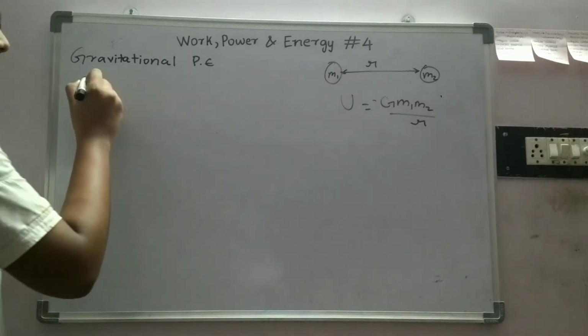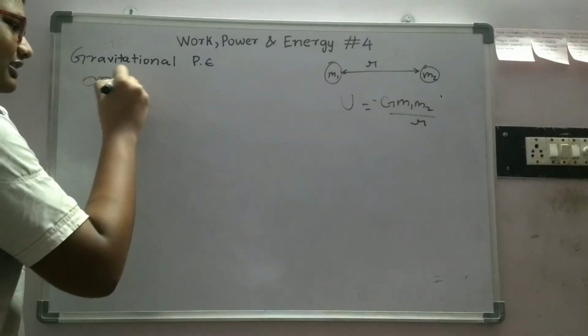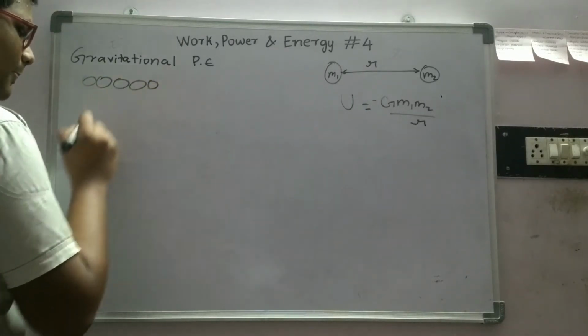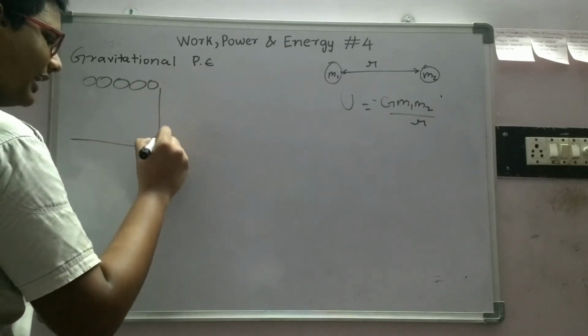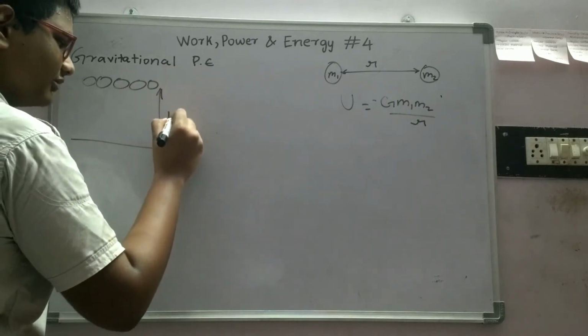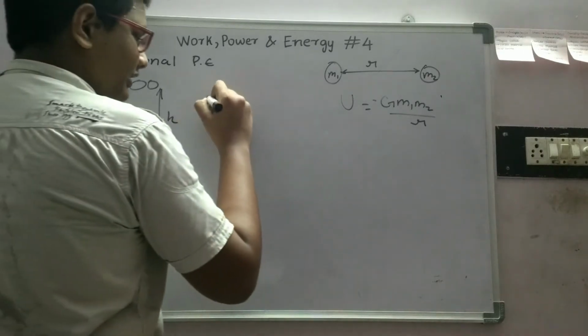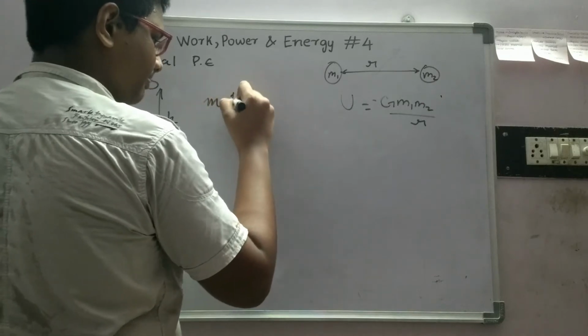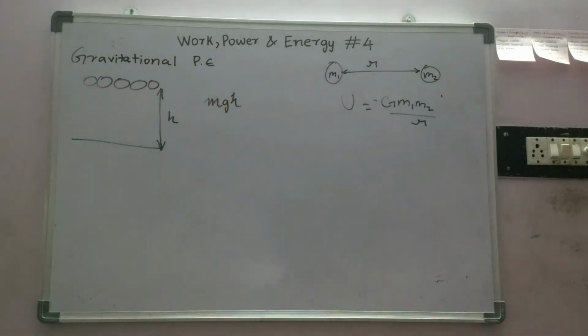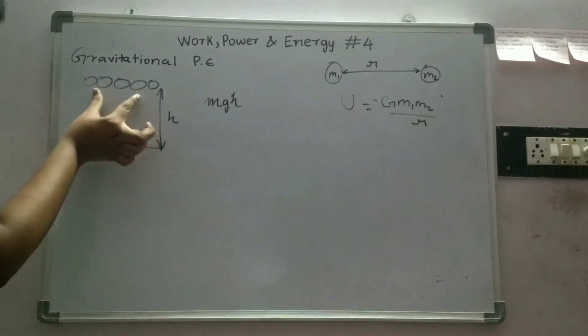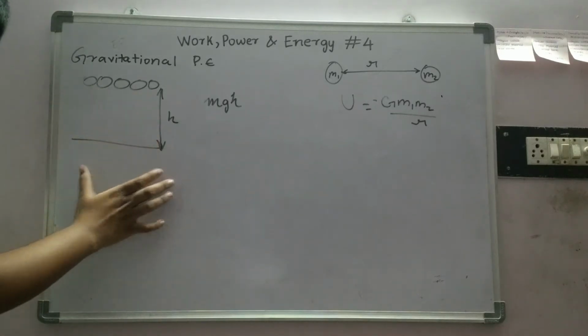Now, if you are given a chain placed at a height h from the surface of the earth, what is its potential energy? In this case, it is mgh. But sir, you said potential energy is not defined for a single body. Yes, here potential energy is defined for this chain and this earth.